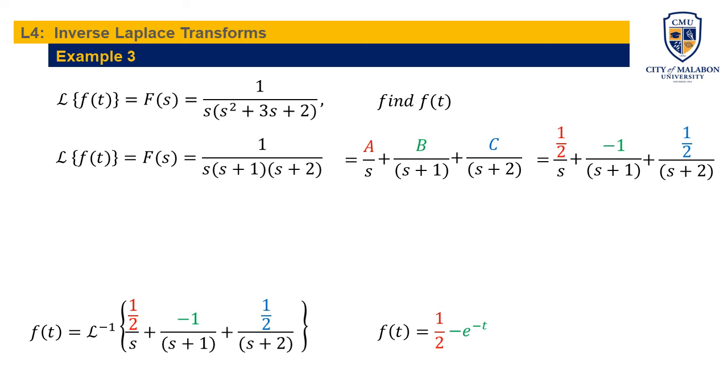That is because it is s minus negative 1. For the last term, we have 1/2 times e to the negative 2t. It is negative 2 because our denominator is s minus negative 2. So that completes our f of t.